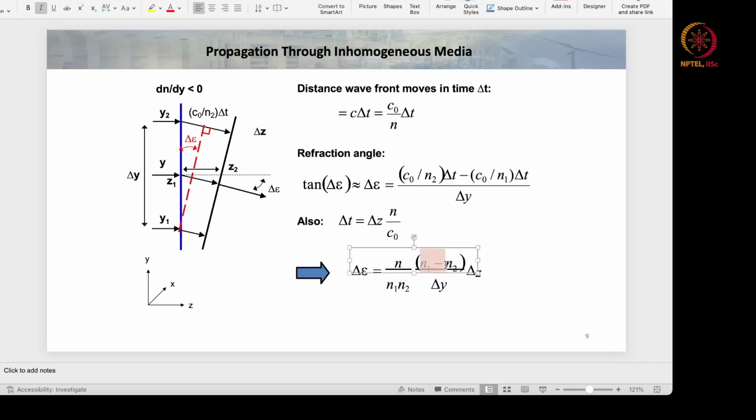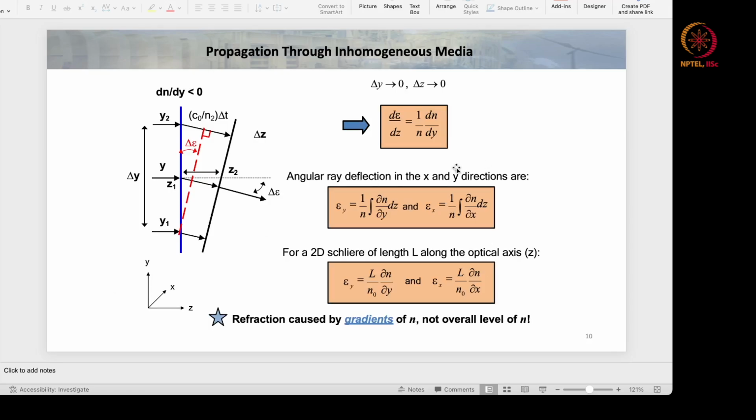Note that n1 minus n2 is a very small number because we said that the refractive index changes by only a minuscule amount. So this makes delta epsilon also very small to begin with. All right, so this is nice and easy.